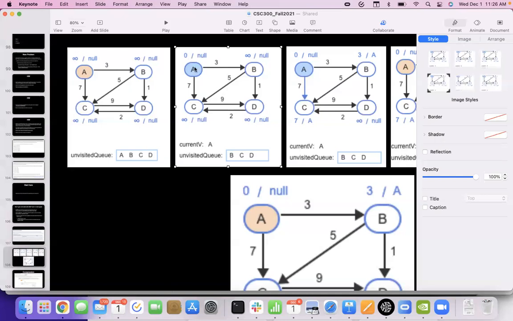To get from A, which has a base of 0, since we didn't have to get anywhere to get there, to B, it has a distance of 3.